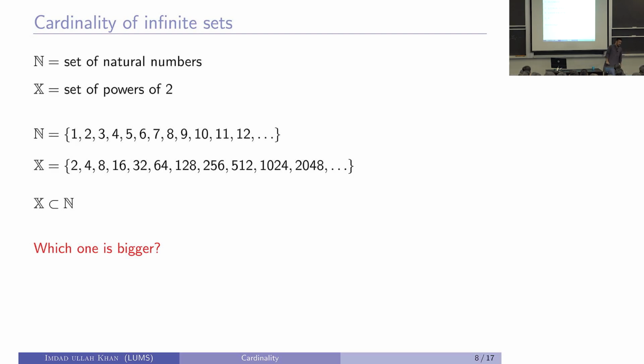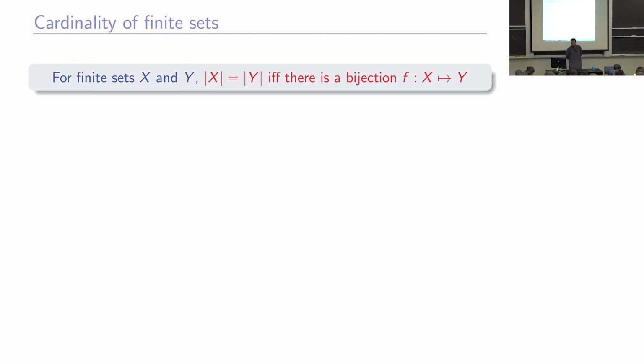In this case, I will reach 1024 and only select 10 numbers and skip all the remaining 1014 numbers, right? In 10 steps, I went all the way up to 1024. In 30 steps, I will reach 1 billion. Okay, so X is a strict subset of N, and it seems that N is much bigger than X, right?